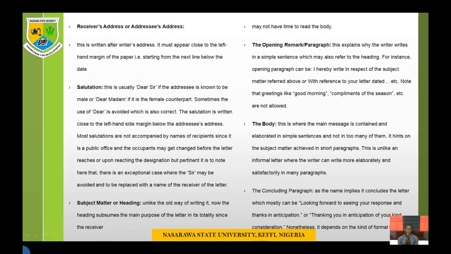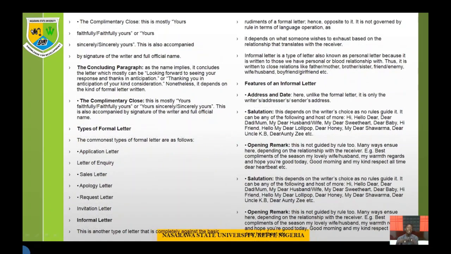The next thing is the concluding paragraph. The concluding paragraph, as the name implies, concludes the letter, which mostly can be looking forward to seeing your response and thanks in anticipation, or thanking you in anticipation of your kind consideration. Nonetheless, it depends on the kind of formal letter somebody is writing.